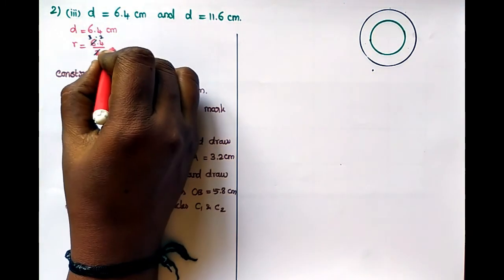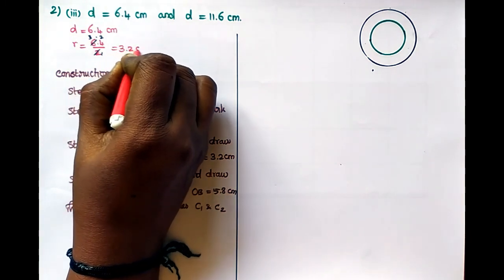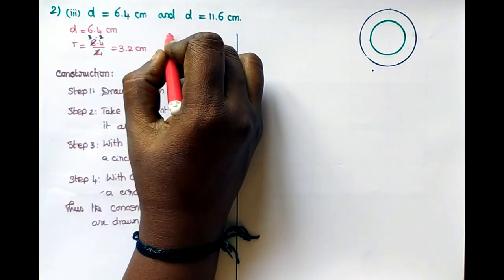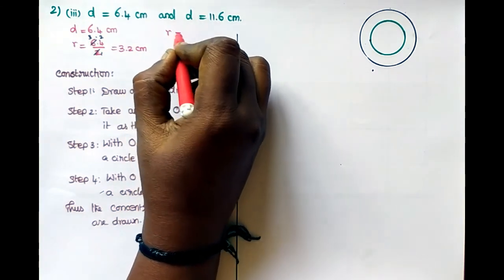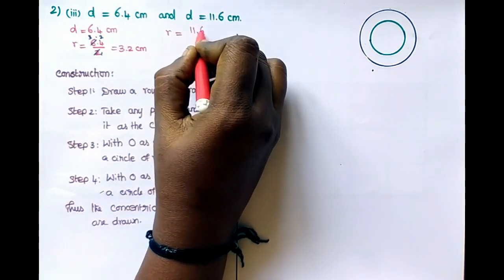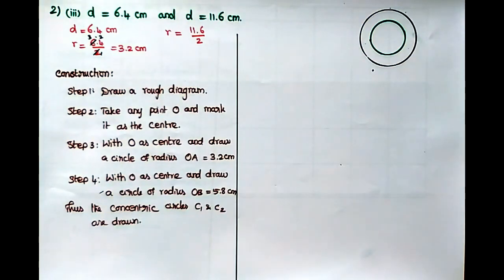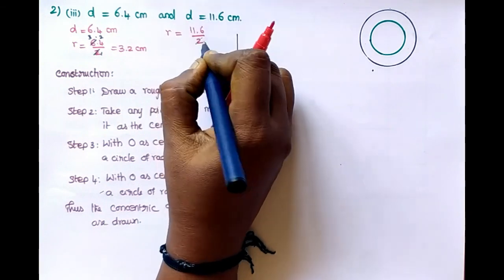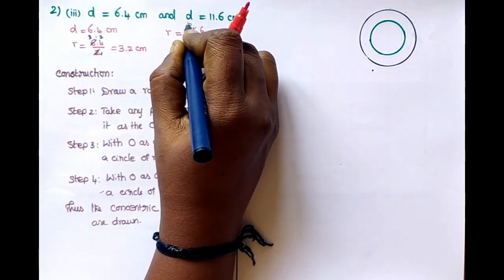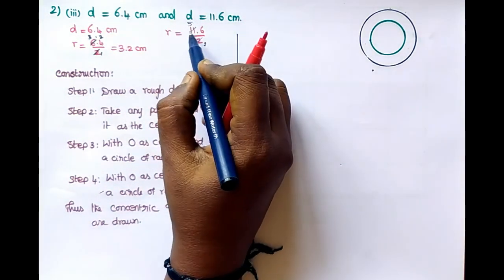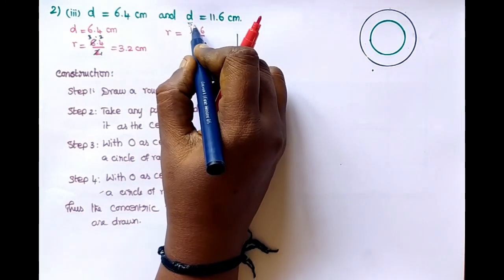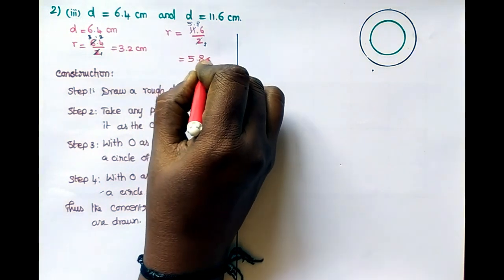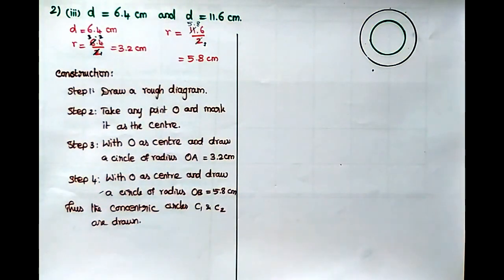So we get 3.2 centimeter, first one. And then D equal to 11.6, so radius equal to 11.6 by 2. Now 2 1s are 2, 2 5s are 10, balance 1, it becomes 16, so 8. So 5.8 centimeter. That is radius 2.